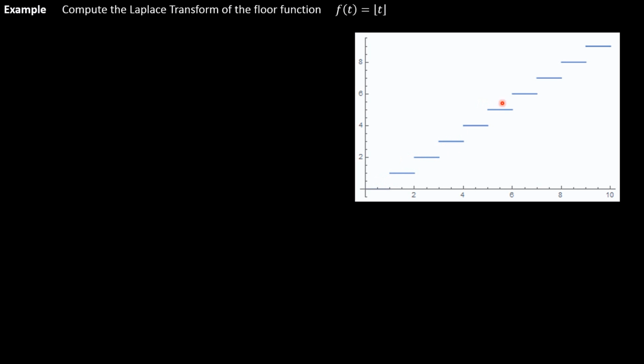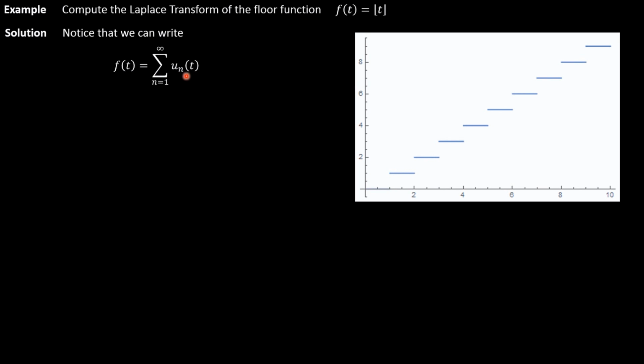What you end up with is this staircase. And let's go ahead and rewrite this function. Now this is one of the huge awesome uses of the Heaviside step functions: you can take a function like this that's all weird and complicated, and you can write it as a series of Heaviside functions.